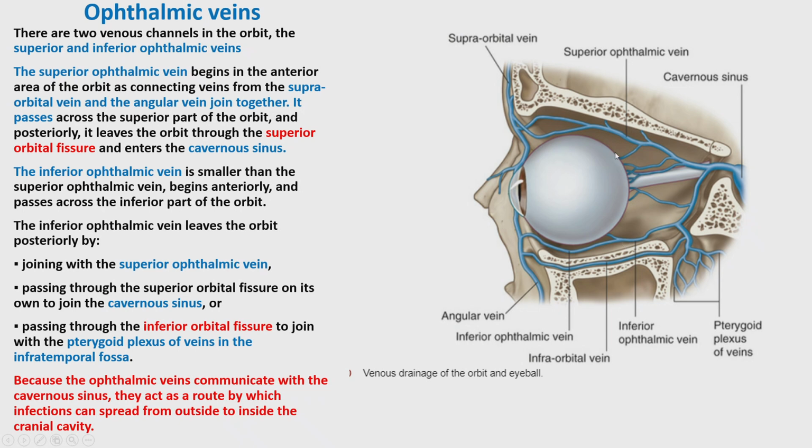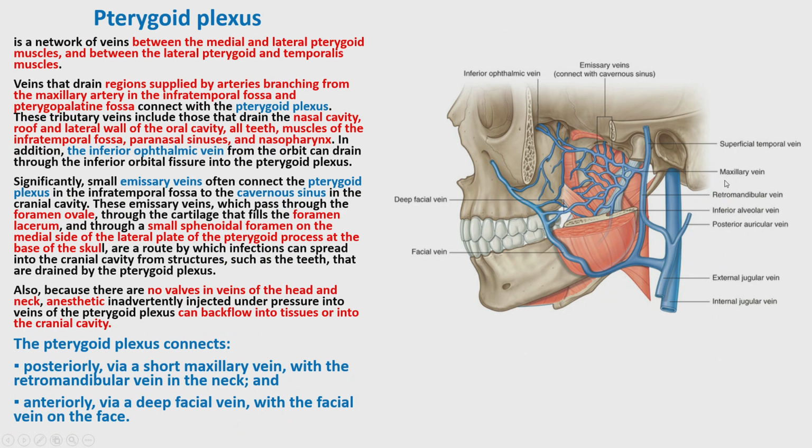But the superior and inferior ophthalmic veins have connections between themselves. The inferior goes to the pterygoid venous plexus, and through the foramen ovale, or sometimes they write foramen lacerum, or sphenopalatine foramen, they are connected with the cavernous sinus. So this is also important for the interconnection of the veins of the orbit.